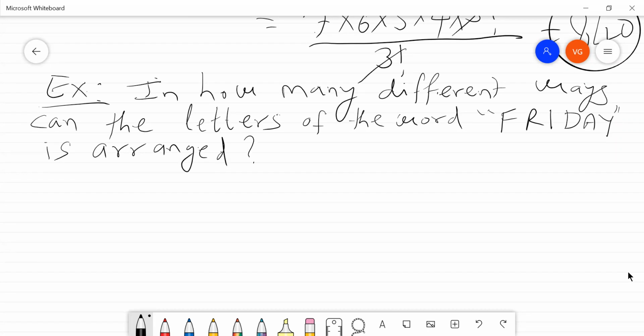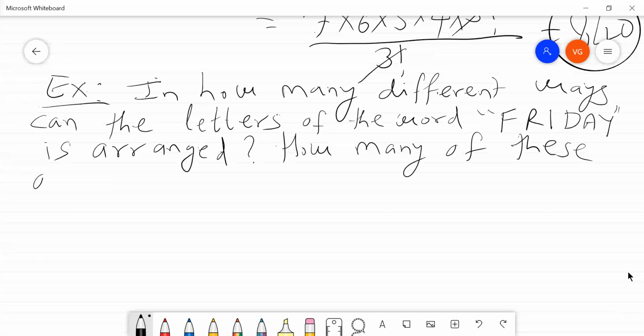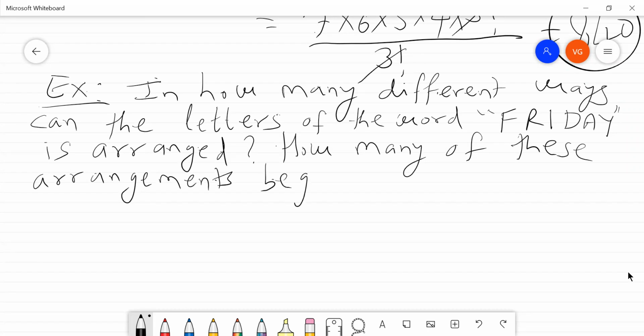The first question: how many of these arrangements begin with a vowel?